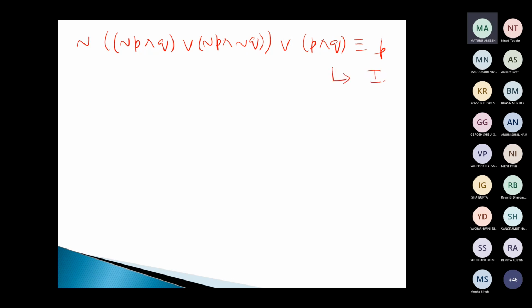Let this be 1. So instead of proving the given statement, we'll take the dual of this particular statement. So what is the dual of this particular statement? Or shall we apply De Morgan's law first, change this and then go for dual? Better, huh?